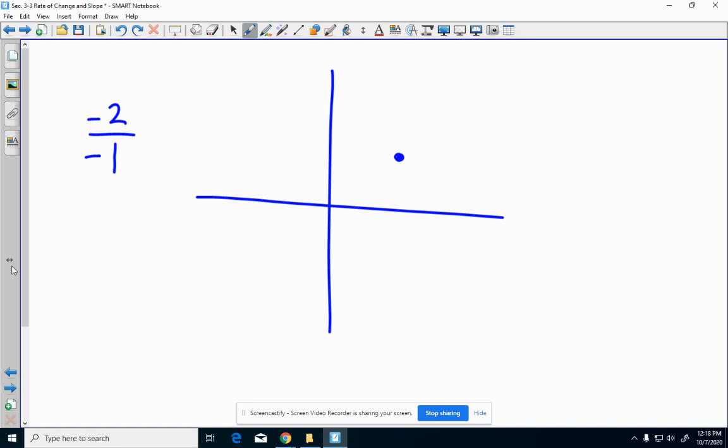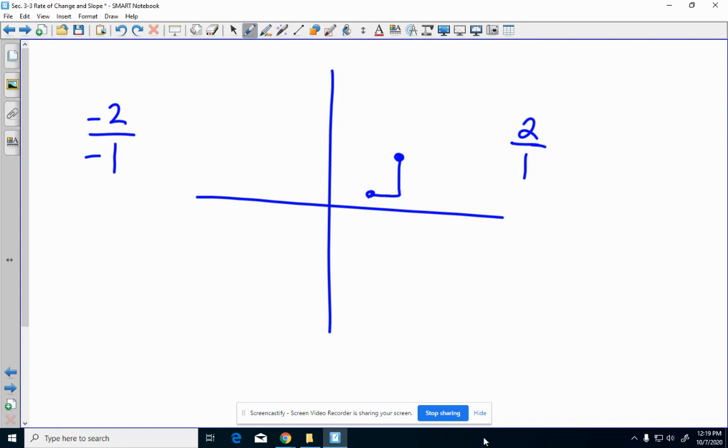It means to, yeah, but how am I going to do that graphically speaking? I'm going to go down. And if I'm supposed to run -1 unit, that means I'm going to the left. So if I came down 2 and over 1, maybe I'm right there. But we said that that was equal to that.